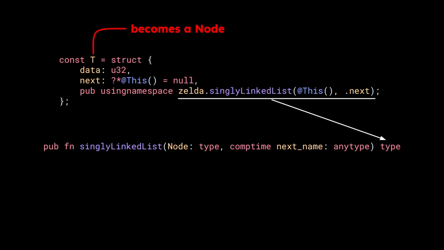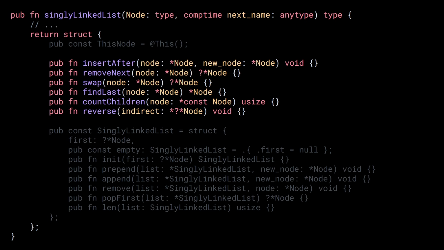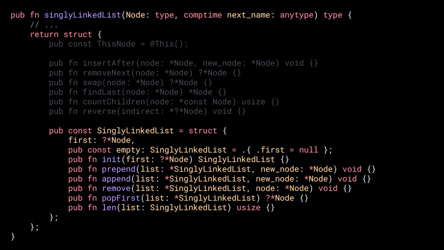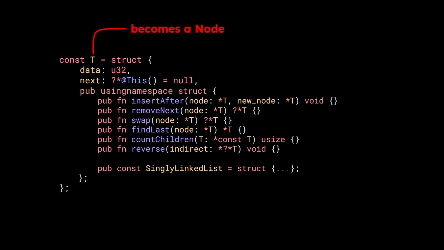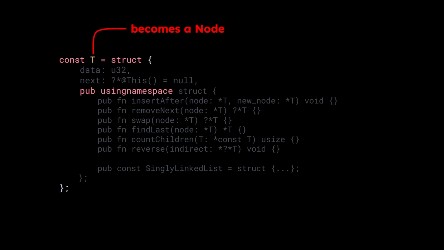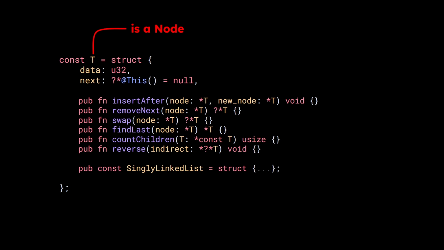Okay, so this SinglyLinkedList function returns a type, which is a struct containing useful methods to manage the node, and a SinglyLinkedList type. So this function call returns this struct, which was actually monomorphized with our type T. Then, usingnamespace brings all the public declarations of this struct inside our T type namespace. This makes our T type ready to be used in the linked list.